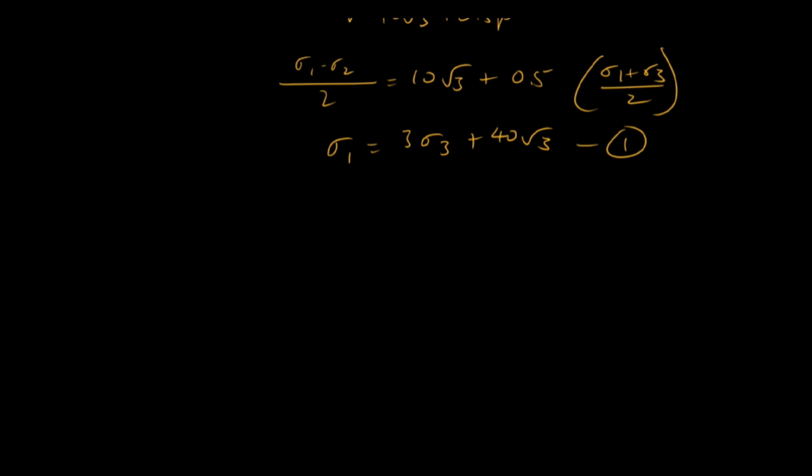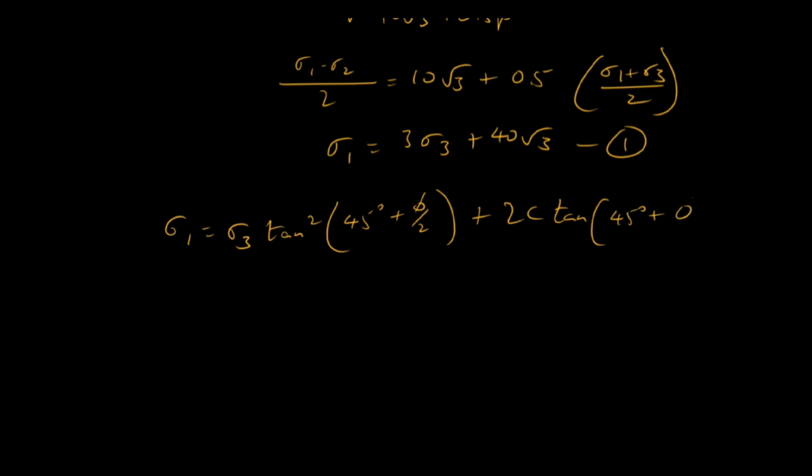From the stress relationship, the equation we have is sigma 1 is equal to sigma 3 tan square (45 degree plus phi by 2) plus 2c tan (45 degree plus phi by 2).